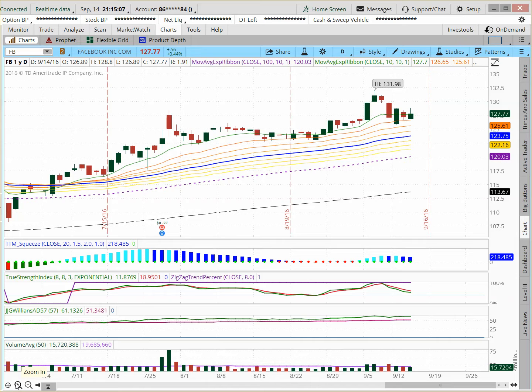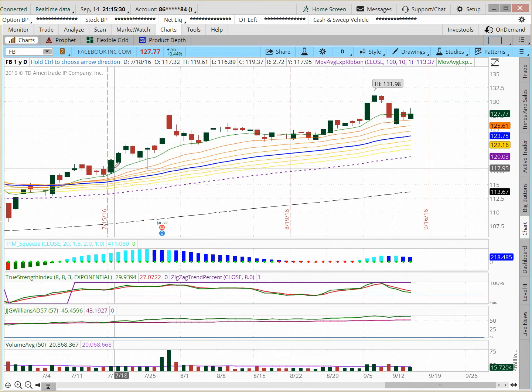As you'll see, we have two different colors, green and red. Easy way to remember it is green means go to me. Green is an indication that the stock closed the day on an up trend.